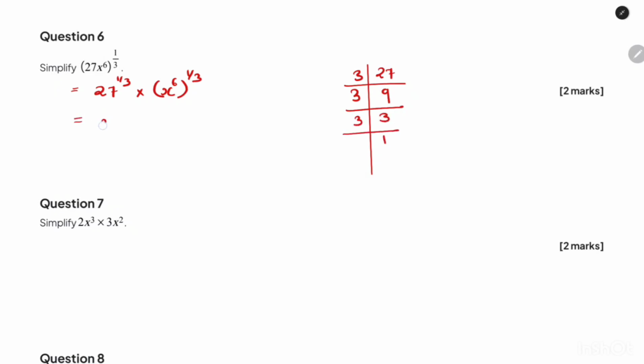So 27 can be written as 3 to the power 3 and its power is 1 by 3. Now this is x raised to 6 into 1 by 3, which is nothing but 2 only. So this is 3 raised to 1 into x raised to 2, which is 3x square. So mind my words, whenever there is a power in fraction, do the prime factorization of base to solve it.